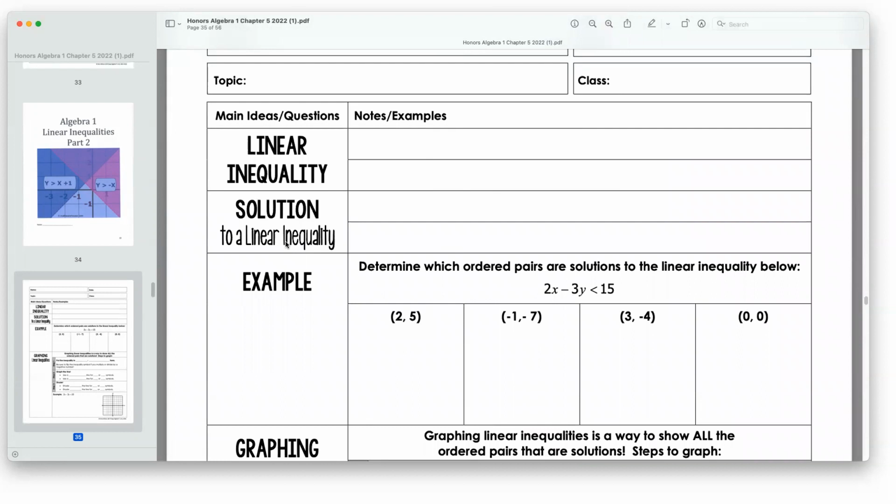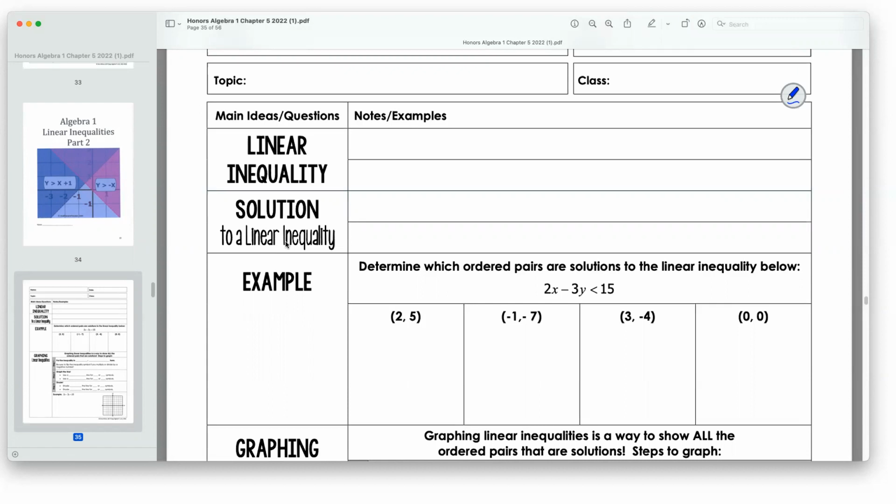Remember that we have 4 different symbols: less than, greater than, less than or equal to, or greater than or equal to. And a linear inequality is like a linear equation because it has x and y still, but instead of having an equal sign, we're going to be seeing one of these 4 symbols.